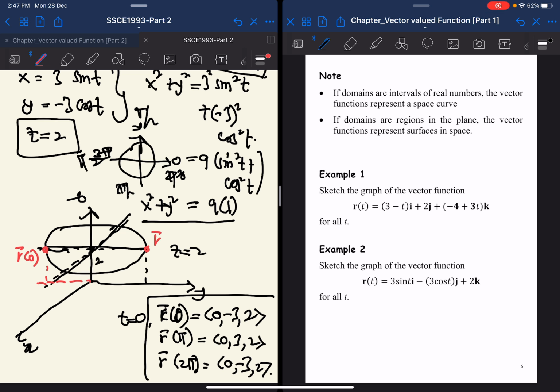Negative 3 for y, somewhere here. Yes, this one is for t equal to 0 here. And the next one, for t equal to pi, here is 0, 3, 2. 0, 3, 2 should be somewhere here. So this one is the position vector for t equal to pi.